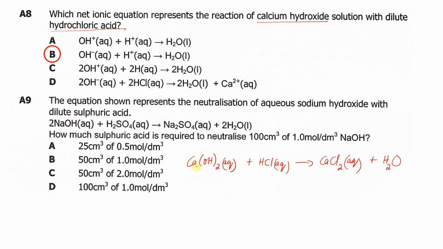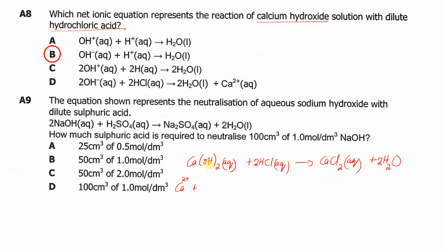So we can balance this equation: calcium 1, oxygen 2 here, oxygen 1 here, so we add a 2 here. Then hydrogen 2 here, hydrogen 4 here, so we add a 2 here to make hydrogen 4. Chlorine 2 here, and 2 here too. Now in the ionic equation, in aqueous solution they split. Calcium splits into a calcium ion, and hydroxide into hydroxide ions.